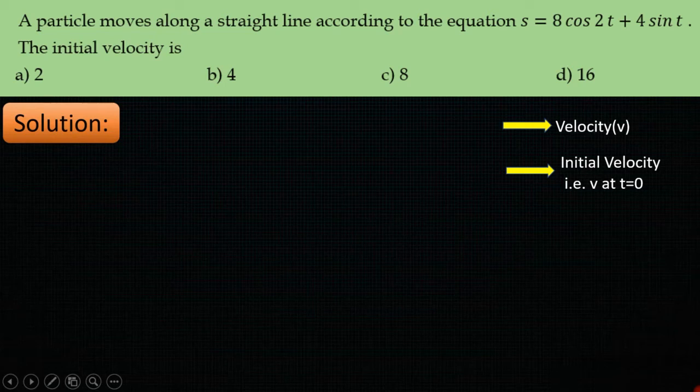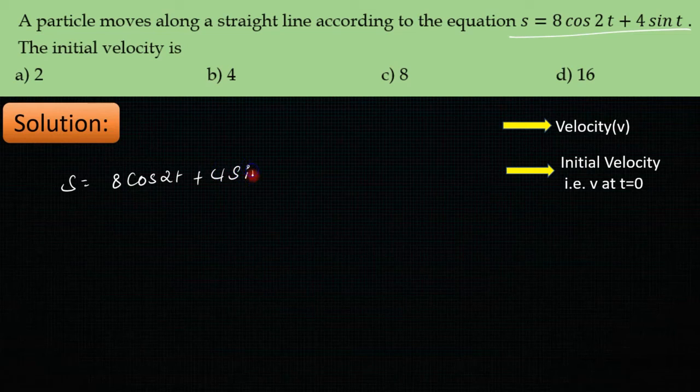Let us start the solution. Given s = 8 cos 2t + 4 sin t. Now we find the velocity. v = ds/dt, that is differentiating s with respect to t on both sides, we get here 8 is constant.